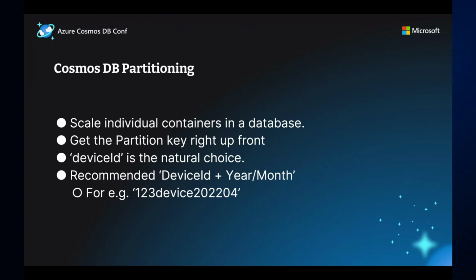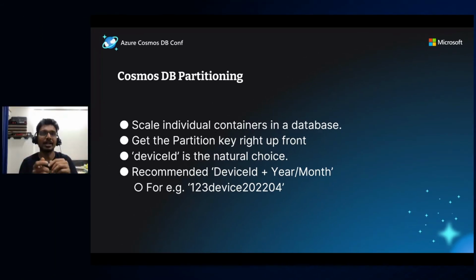All documents which share the same partition key will end up stored and accessed from the same logical partition. Let's assume device ID is treated as a partition key, then all the telemetry data associated to that device will get stored in one logical partition. And when you query for that device, you only touch that particular shard and not the entire table.